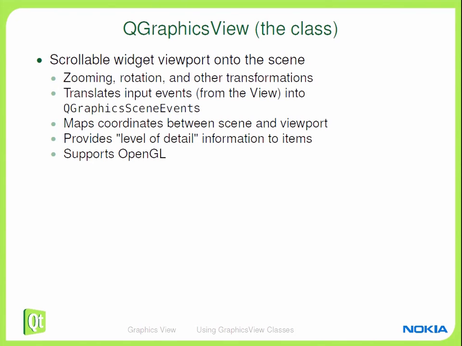That one is a widget, so you can put it inside layout managers. It will get events delivered the same way as other QWidgets, but it will then propagate those onwards to the scene, who will take control of propagating that onwards to the individual items.